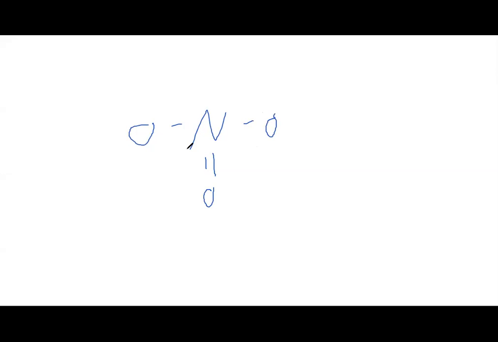You add how many bonds are occurring. In this diagram, how many bonds do we have total? 4. But how many places do we actually have bonds for? 3. So 4 over 3 gives you a bond order of 1.3.